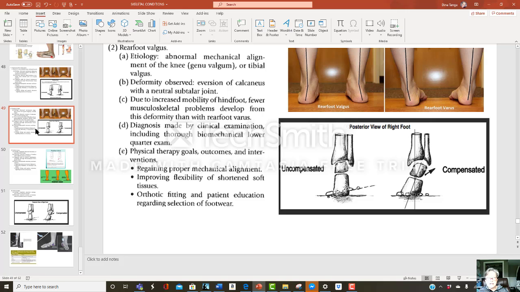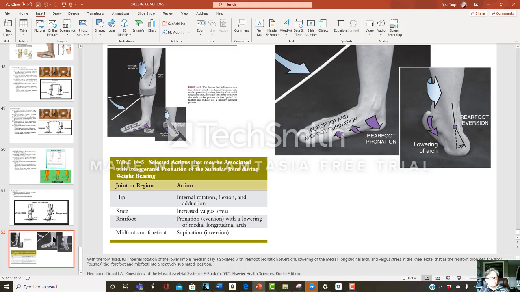Rear foot valgus: abnormal mechanical alignment of the knee, genu valgum, or tibial valgus. So here you see valgus stress at the knee.